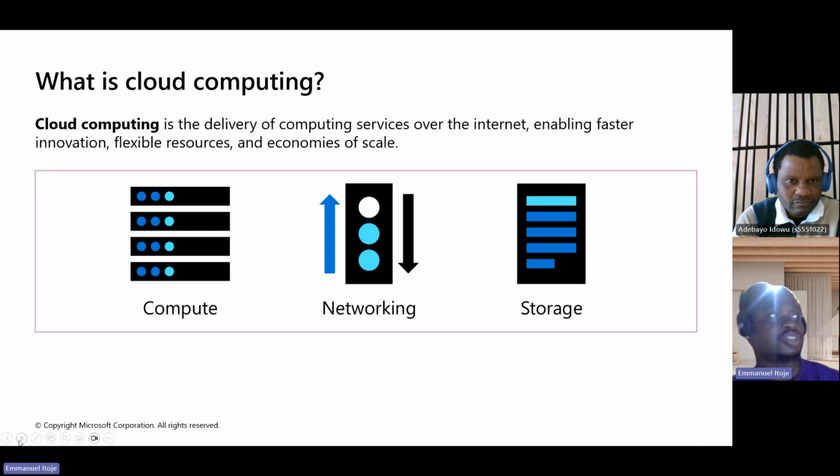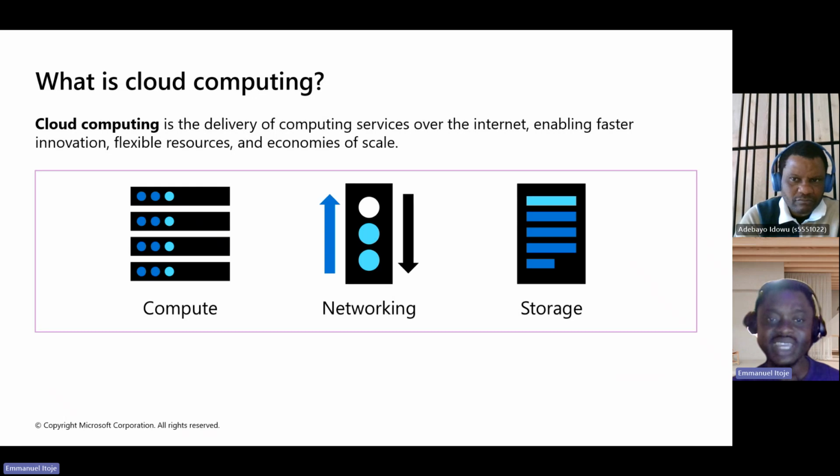Cloud computing is the delivery of computing services over the internet, enabling faster innovation, flexible resources, and economies of scale. What does this mean? It simply means that I don't need to be in a physical location to be able to have access to different cloud resources, right?